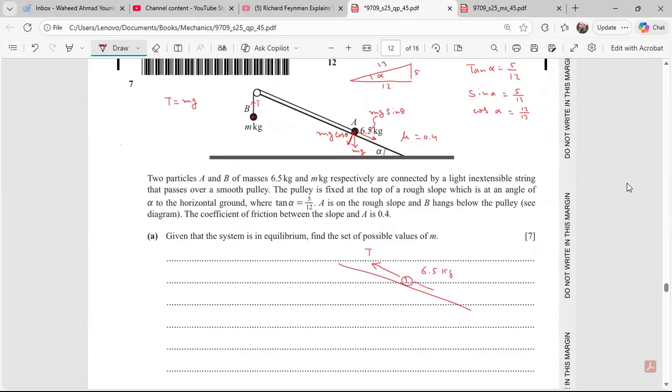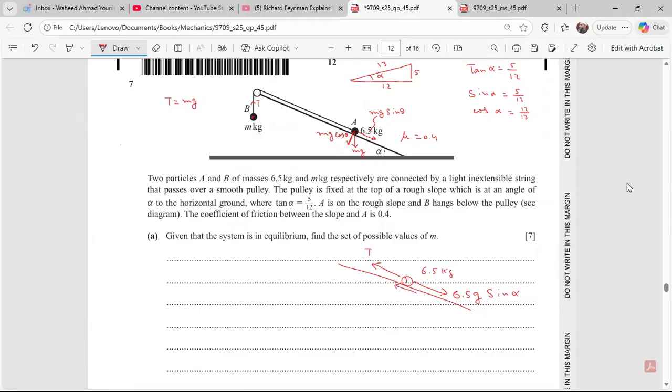The downward force is 6.5 g sine of theta, sine of alpha. Since it's trying to slide down, the force of friction is also in this direction.